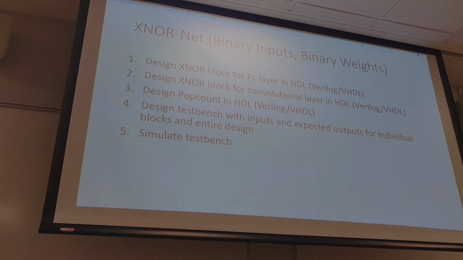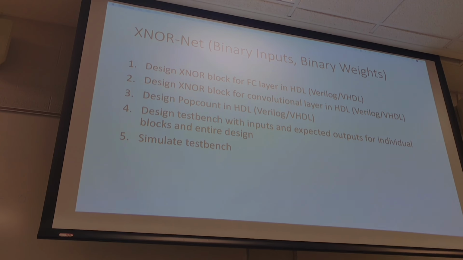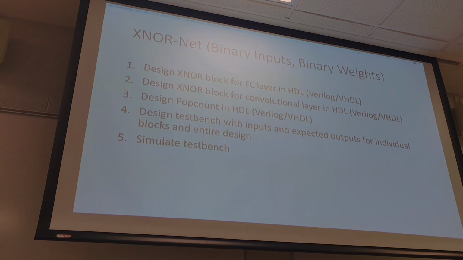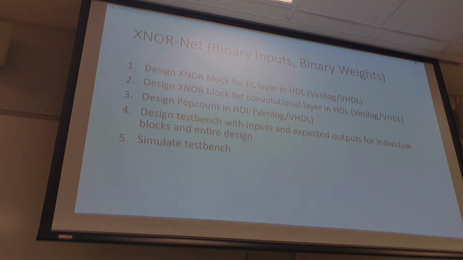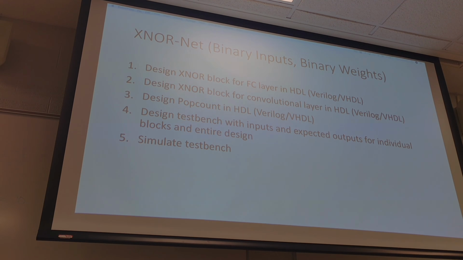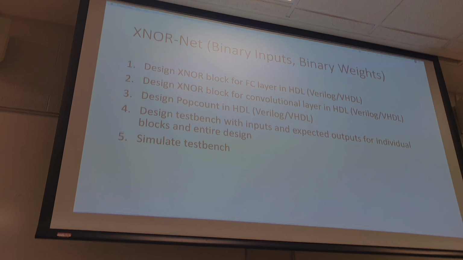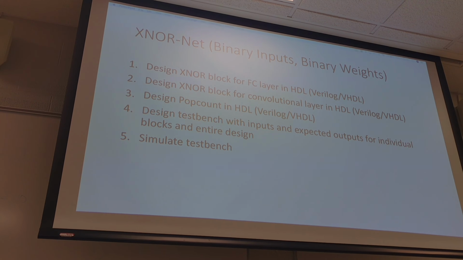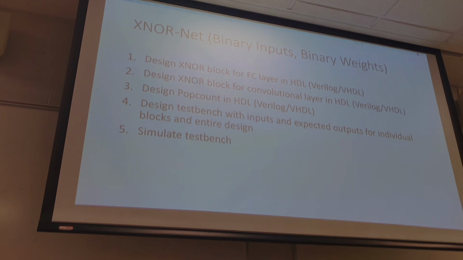So you are in charge of the design of XNORNet, right? And I would like to remind you that maybe for the first layer, XNORNet needs a multiplier. You need to do some multiplication for the first layer. So you also need to design a multiplier in this slide.